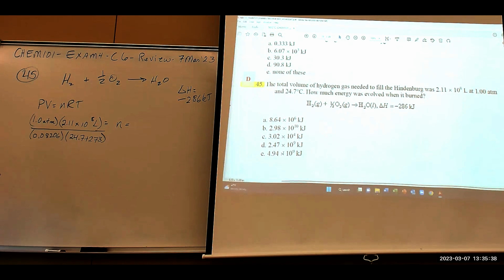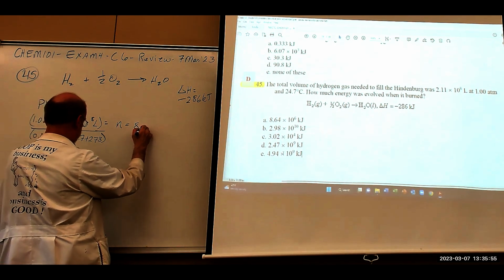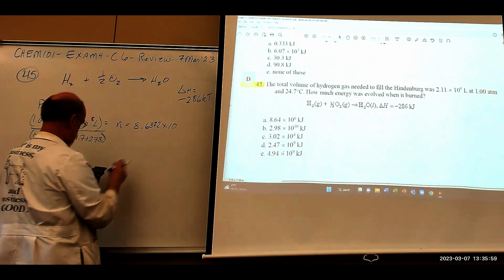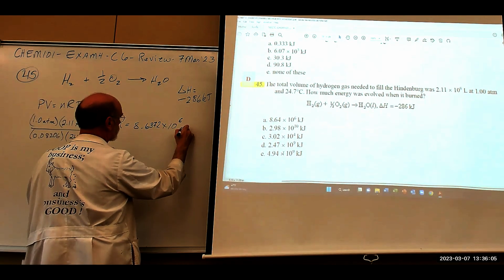Okay, so 2.11 exponent 8 and 0.08206 divided in 24.7 and 273, and then divide that into it. So I get 8.6372 times 10, let's see, 1, 2, 3, 4, 5, 6, 10 to the 6th moles.